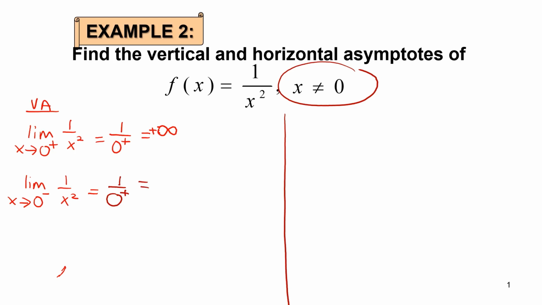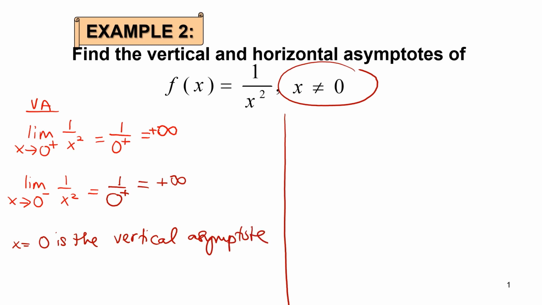So, the answer is positive infinity. Thus, we might conclude that x equals 0 is the vertical asymptote.